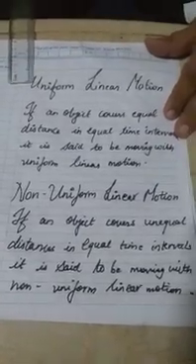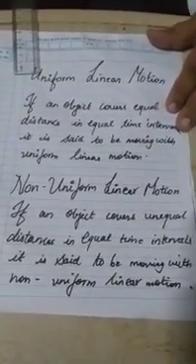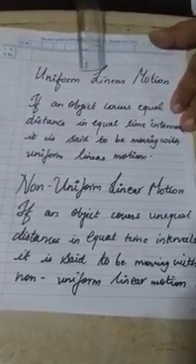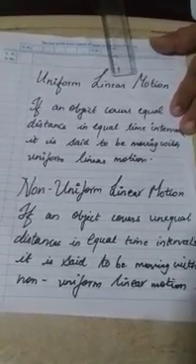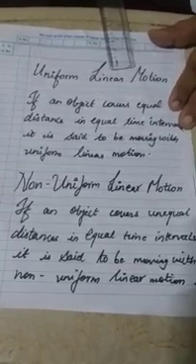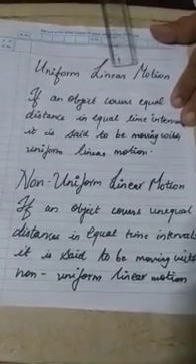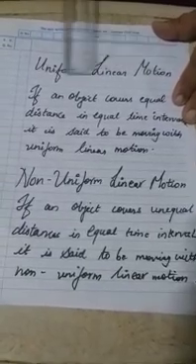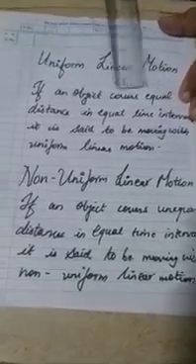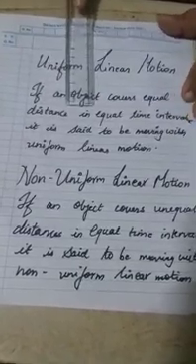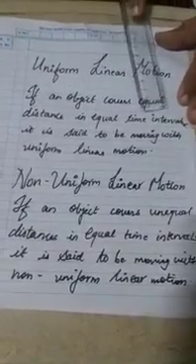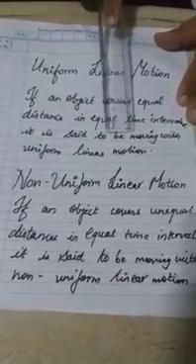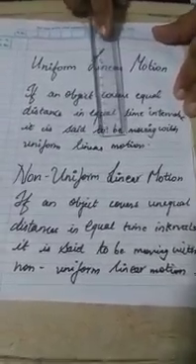The next concept which we are going to see, children, is uniform linear motion. First of all, let us understand linear motion. Linear means in one same direction without changing the direction. So here the direction is the same. So if an object is covering equal distance in equal time interval, it is said to be moving in uniform linear motion.